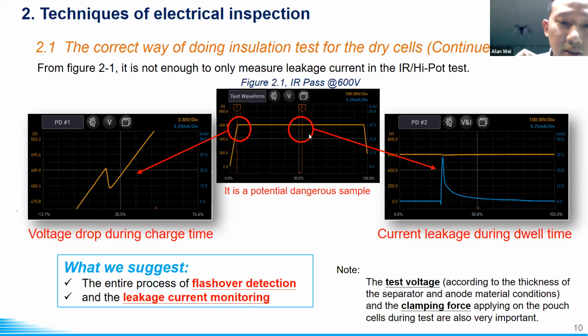The IR test indicates an insulation resistance tester. It's normally used in battery manufacturing.